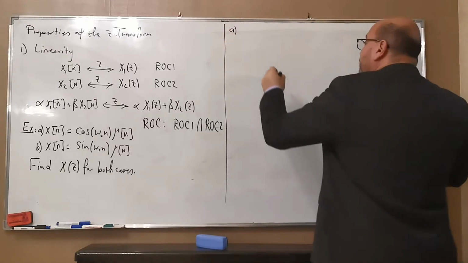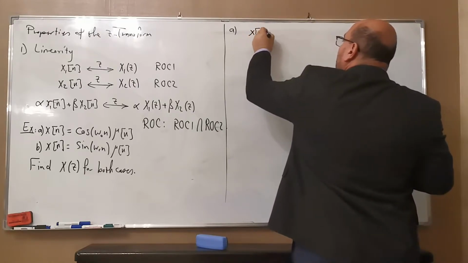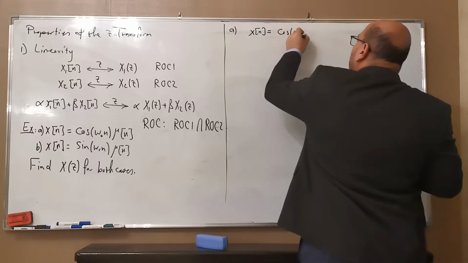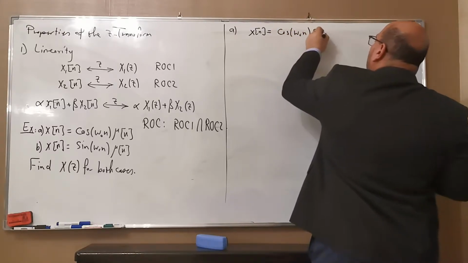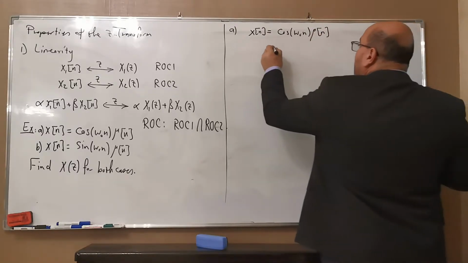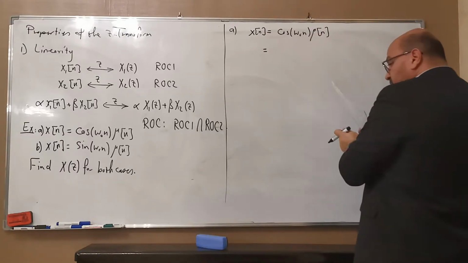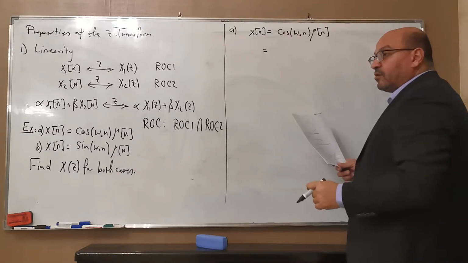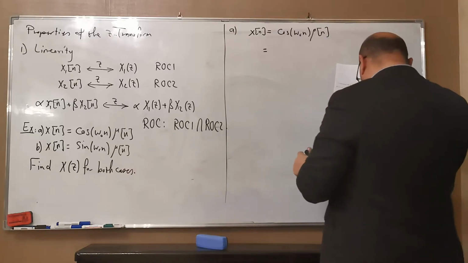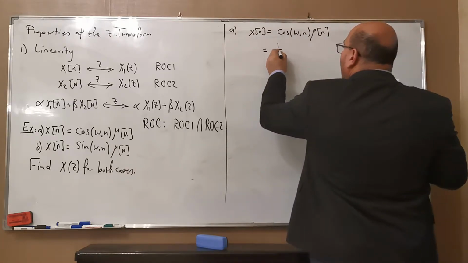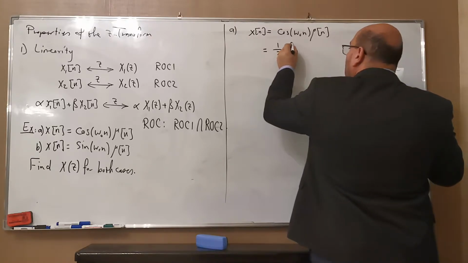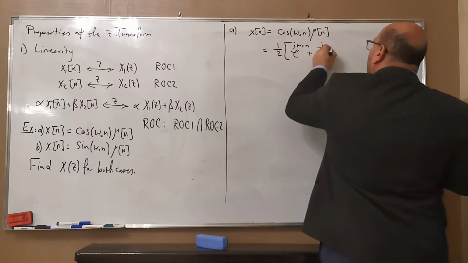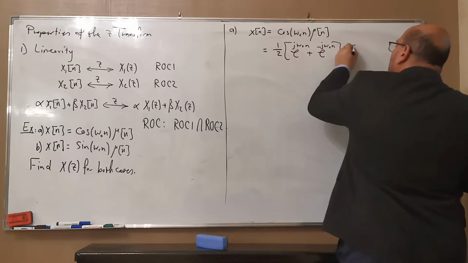So for part A, we have x of n equals cosine omega 0 n mu of n, and this can be written, using the Euler formula in the complex, as 1/2 times (e to the j omega 0 n plus e to the minus j omega 0 n) times mu of n.